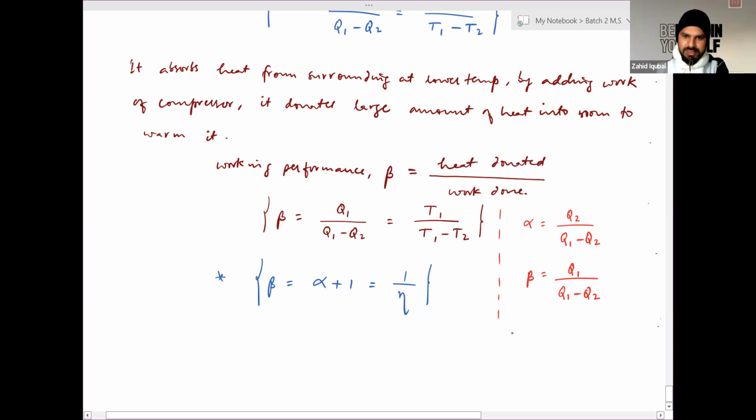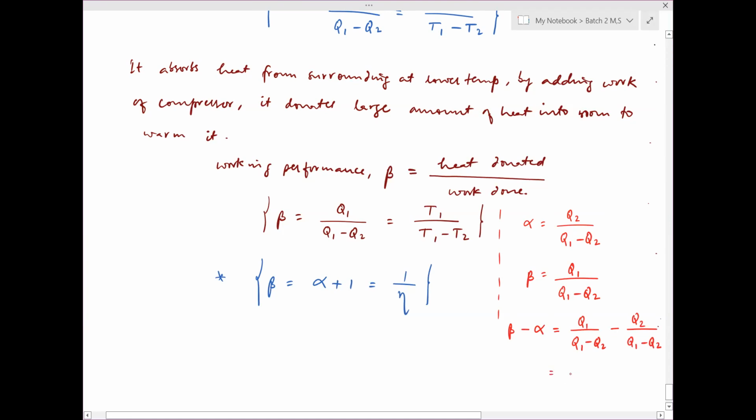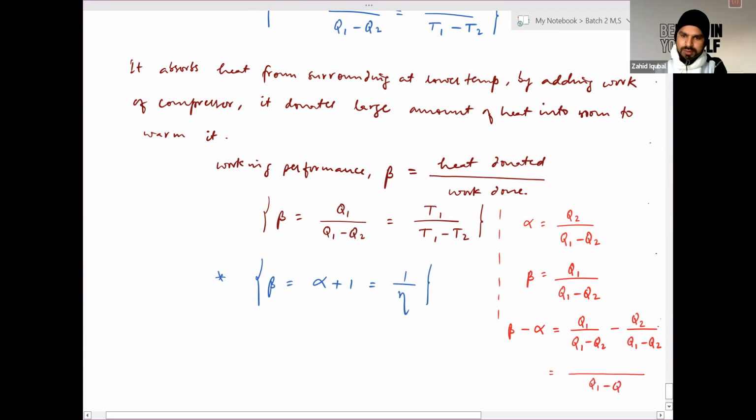So let me subtract these two, beta minus alpha. For beta we have Q1 divided by Q1 minus Q2, minus alpha, which is Q2 divided by Q1 minus Q2. Is it clear? Yes, sir. Now take the LCM. In the numerator you're left with Q1 minus Q2.